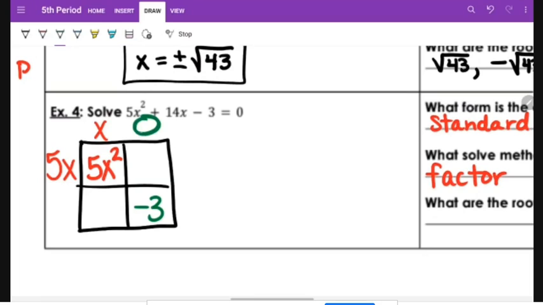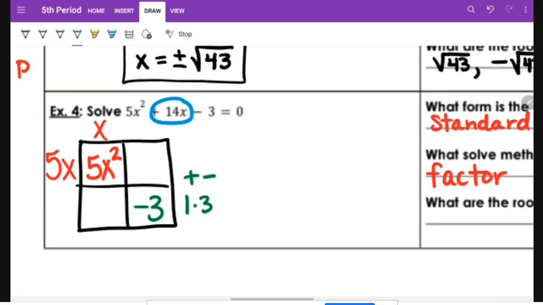And we need two things that multiply together to give us negative 3. So I'm going to use 1 times 3, but one of them will have to be a plus and the other will have to be a minus. We are going to be using a 1 and a 3 for sure, but it's our job to figure out where. And to do that, we have to pay close attention to what's in the middle.